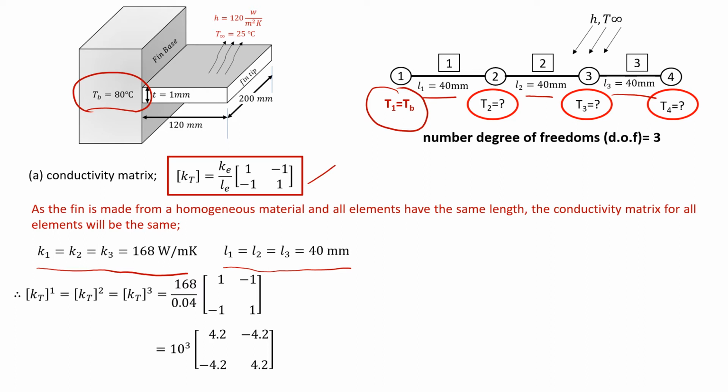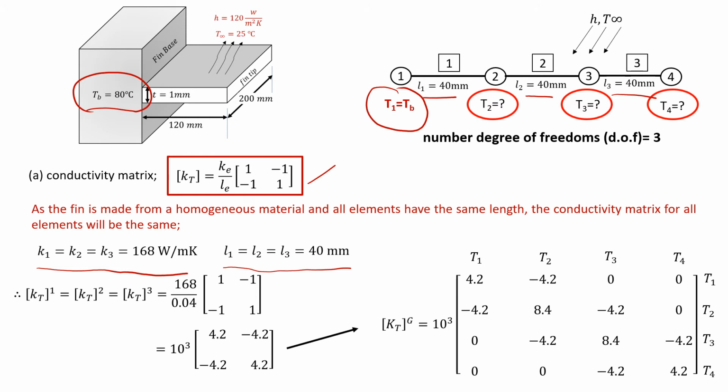Then, in order to obtain the global conductivity matrix, we just need to assemble all these three elements' K matrices into one global matrix as shown here, where the first part of this global matrix is taken from element 1 as it corresponds to T1 and T2.